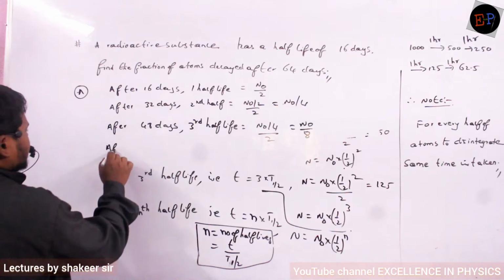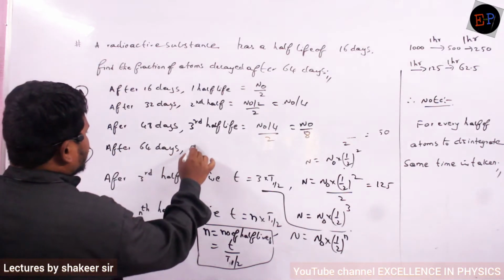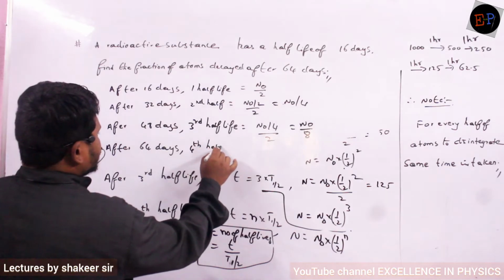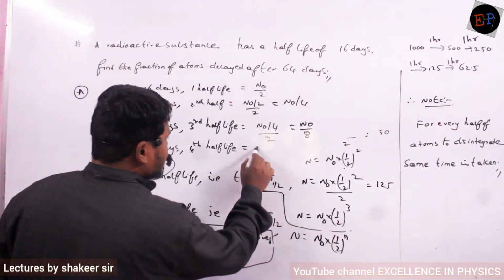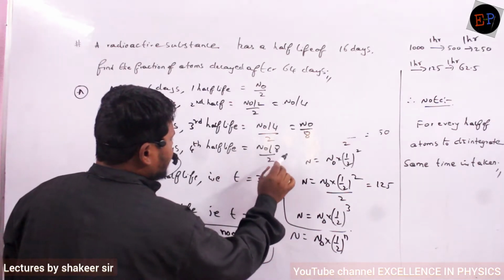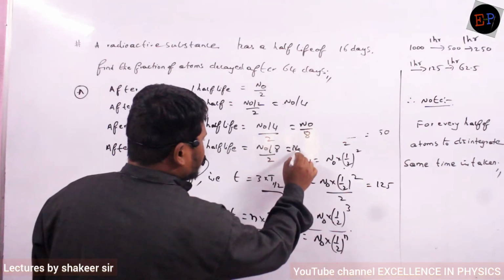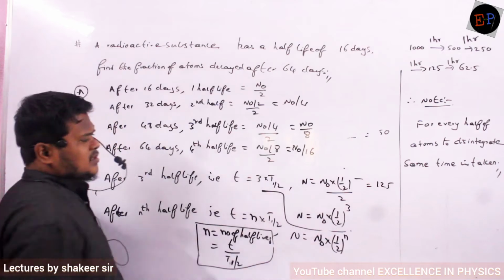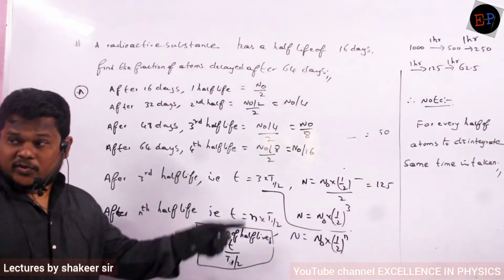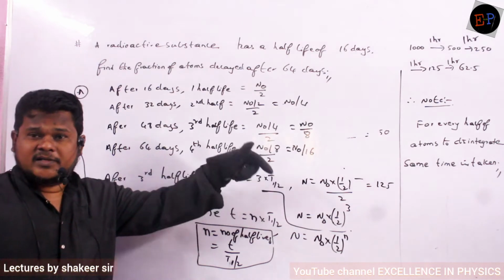Now after 64 days, how many half-lives are completed? 4 half-lives are completed. That is, the fourth half-life is also completed. Now how many atoms are present? N naught divided by 8 divided by 2, so N naught divided by 16. These many atoms are there for disintegration.